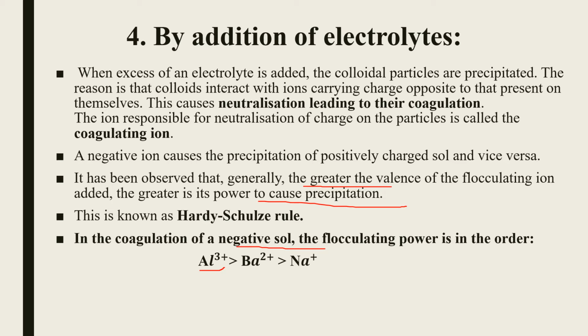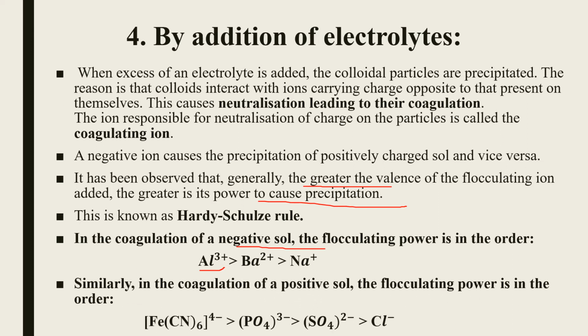So in a negative sol, if we add Al3+, then the power of coagulation or precipitation will be larger. This is the Hardy-Schulze rule. Similarly, in the coagulation of a positively charged sol, the coagulating power follows the same order: the larger the valency of the ion, the more is the power of precipitation.